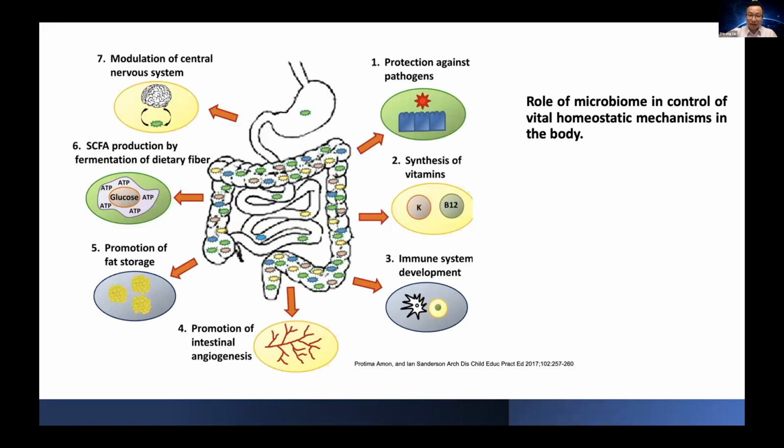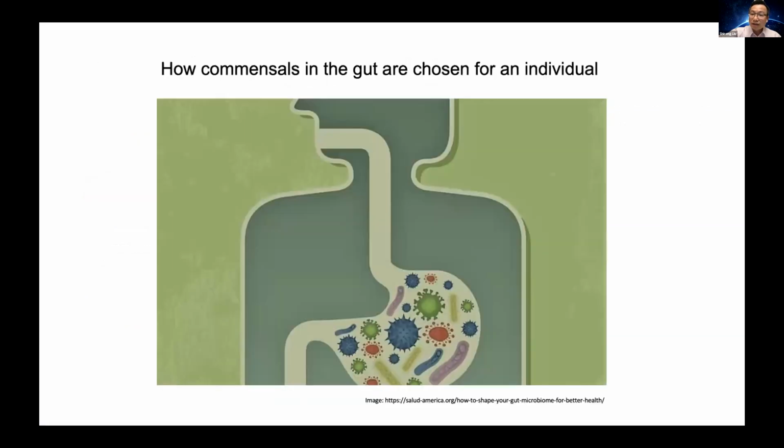As everybody knows nowadays, the commensals play a really important role in health maintenance and are involved in disease pathogenesis. So I think it's very important to keep the commensals in shape. A very important question, at least in my mind, is how the microbe and the host relationship is so specific.